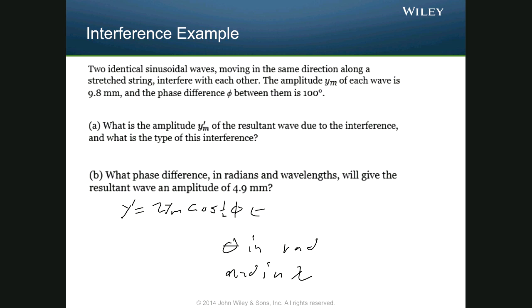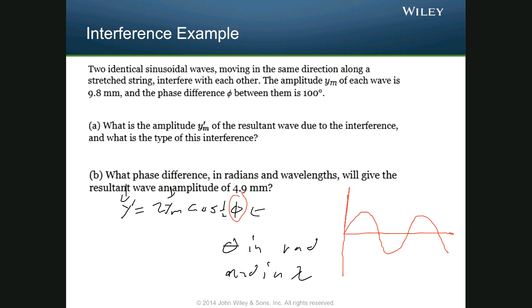Now you have y prime and ym, so you just have to solve for phi. And then once you have the radians, you should be able to figure out in terms of the wavelength what fraction of the wavelength that is. Because if you look at the graph, let's make some sense of that. You can look at this angularly, right?